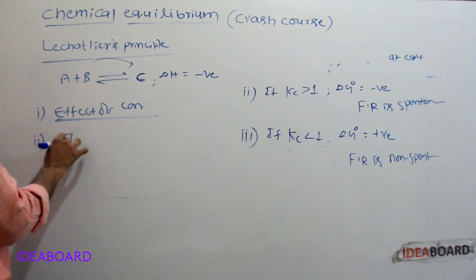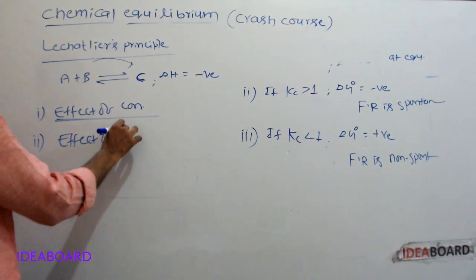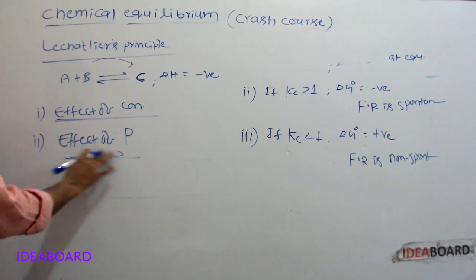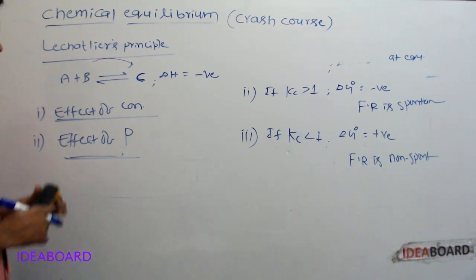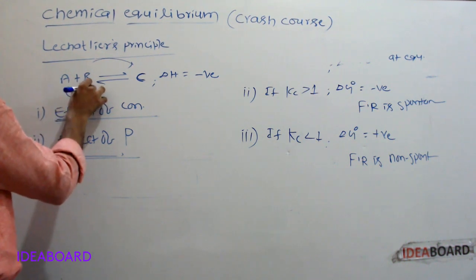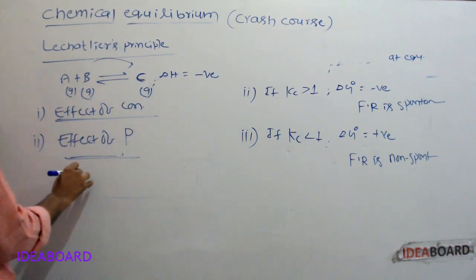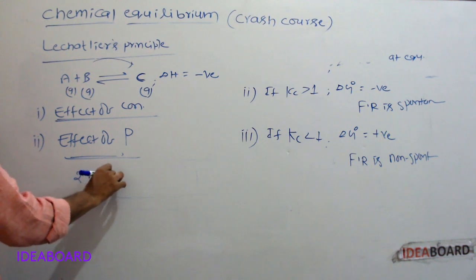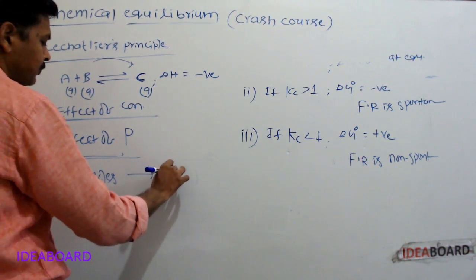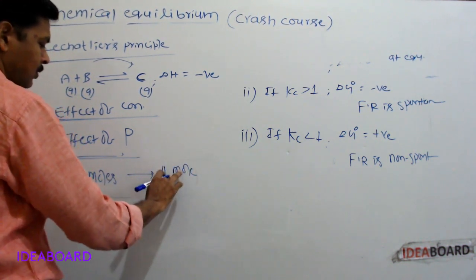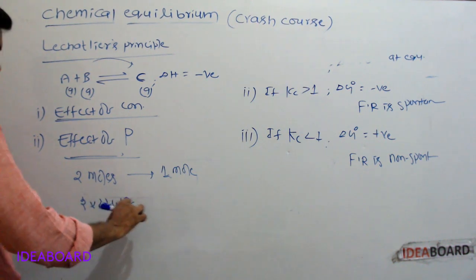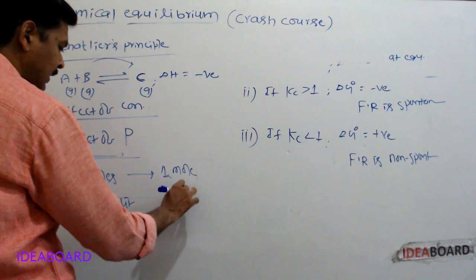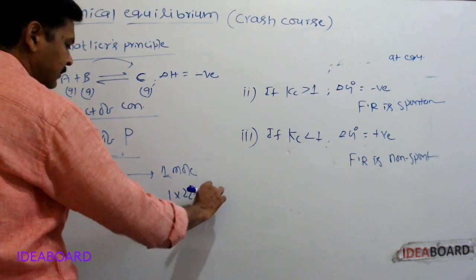Next, the effect of pressure. See here, on the reactant side 2 moles of gas are there, and 2 moles give rise to 1 mole. That is, 2 into 22.4 liters of gas gives rise to 1 into 22.4 liters of gas.